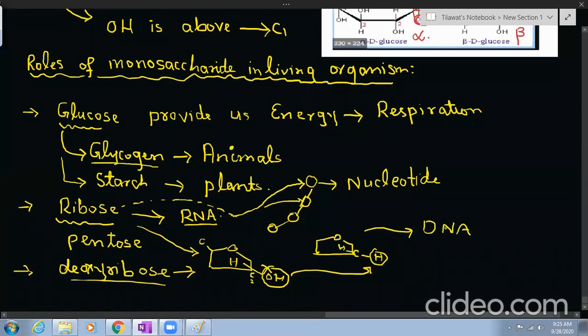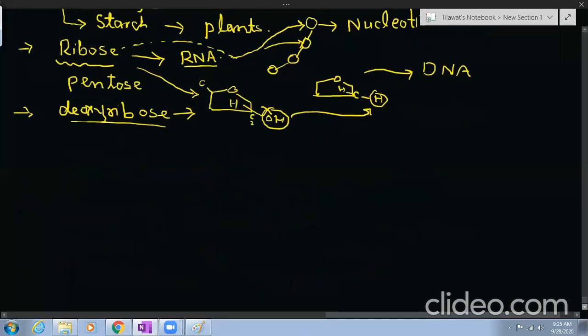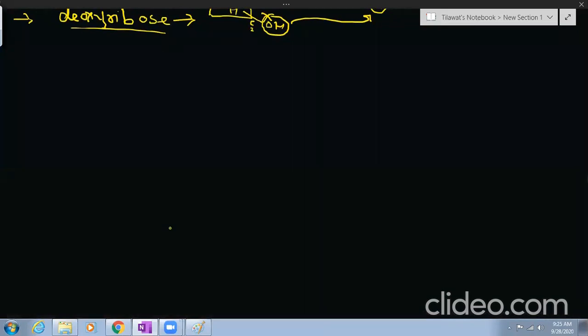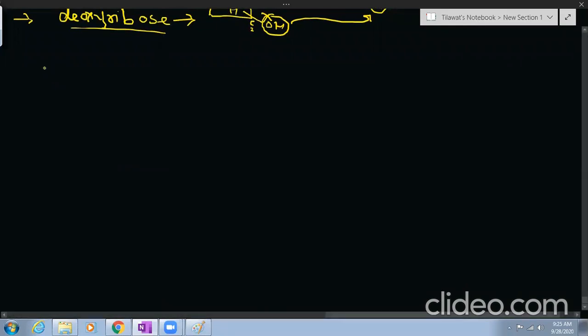It means that these sugars can form our DNA and RNA, and DNA and RNA are collectively called nucleic acids. Am I clear up to here? So this is the important role of monosaccharides in our body. Now we are moving toward disaccharides.